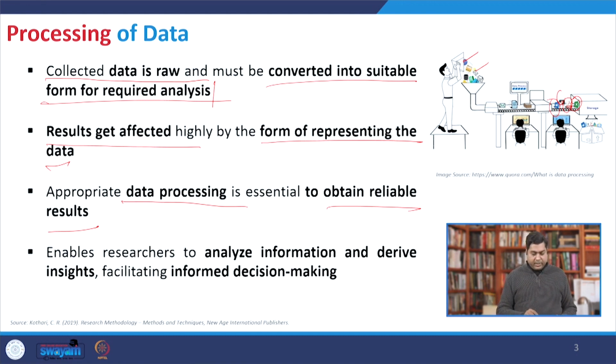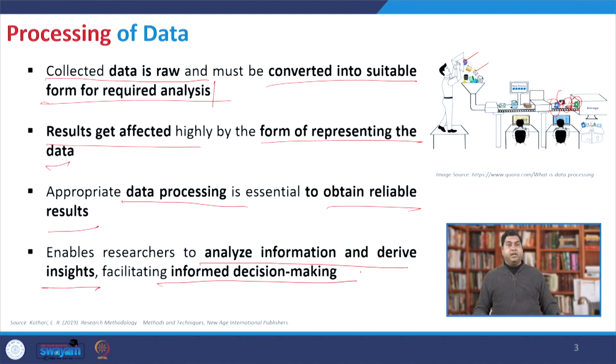Processing of data enables the researcher to analyze information and derive insight, and also facilitates informed decision making. If your data itself is erroneous, or the collected information is not well organized, and you analyze it, then there may be no outcome because the system shows an error.